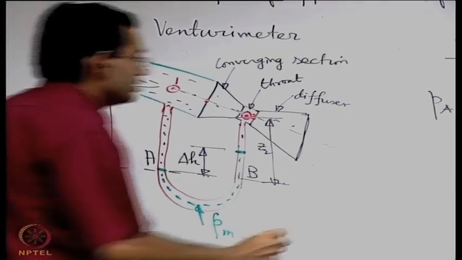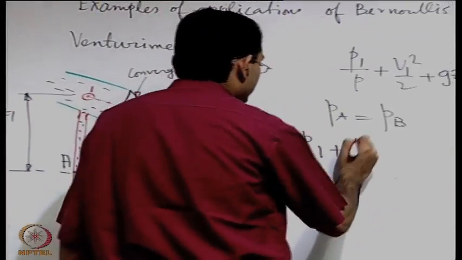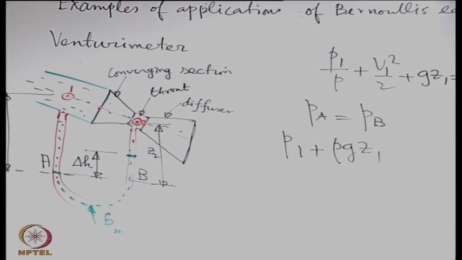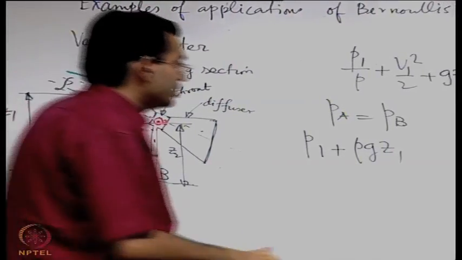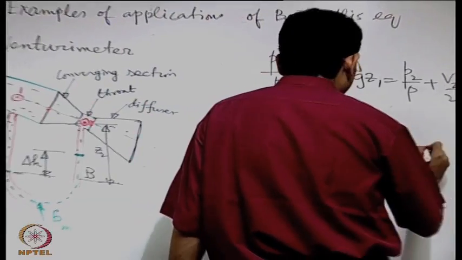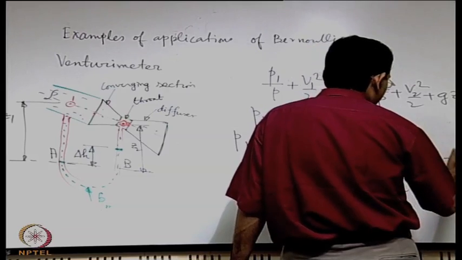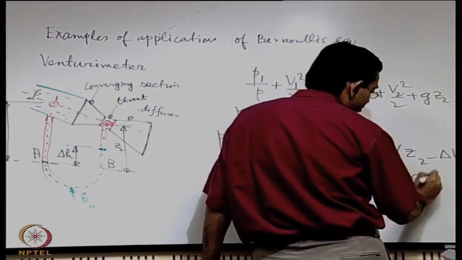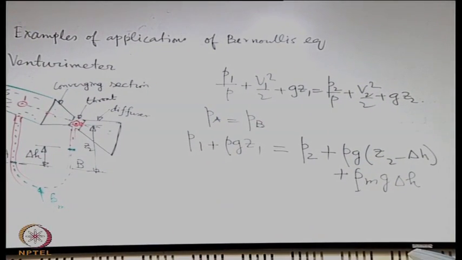So you can write P1 plus rho g Z1, that is equal to pressure at A, where rho is the density of the water that is flowing through the pipe, is equal to P2 plus rho g Z2 minus delta H plus rho m g delta H, fine.